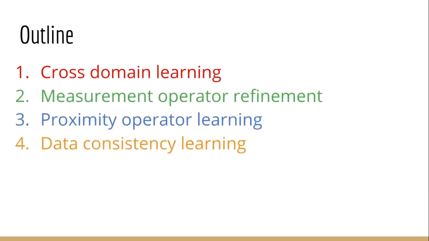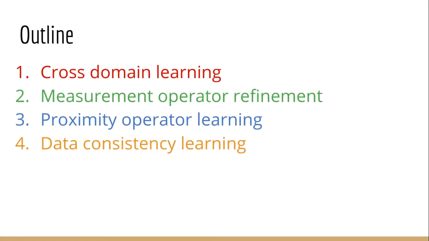So if I summarize the outline of what I'm going to try to show in terms of modeling, we're going to first look at how the cross-domain learning framework allows us to learn all of the things I talked about, and in particular the optimization algorithm parameters. We're then going to see how, in the particular case of MRI reconstruction, we can try to refine our knowledge of the measurement operator.